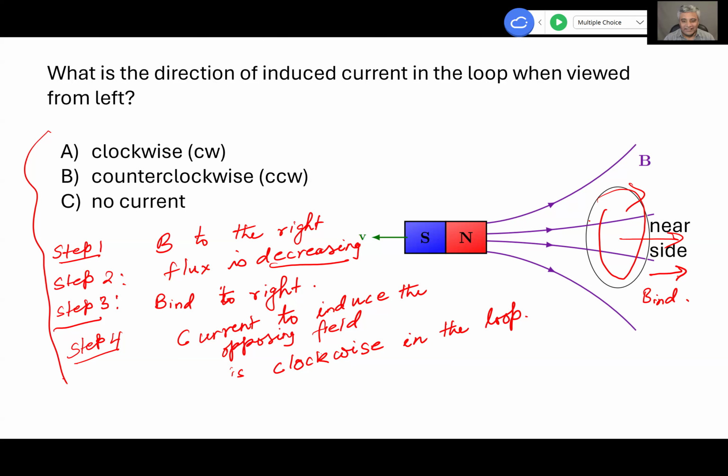Can you come up with the same result? Okay, moving on.